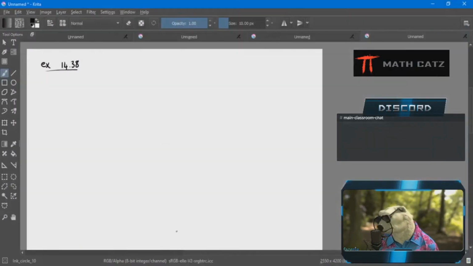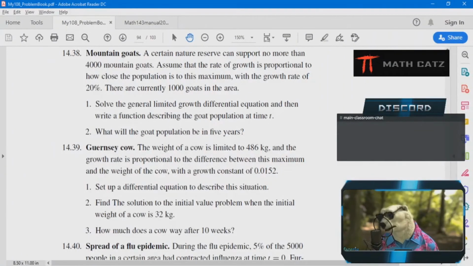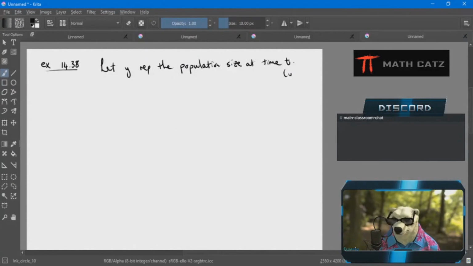So what is the difference? First of all, let's call y the population size, the number of goats, population size at time t, and t in this case is going to be in years.